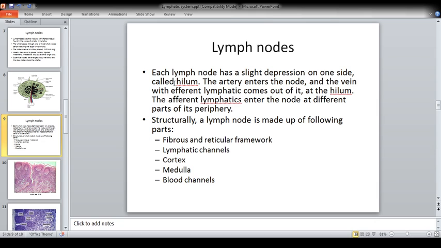Then there is the outer cortex of the lymph node and then inner medulla of the lymph node. And there are blood channels next to the blood vessels.